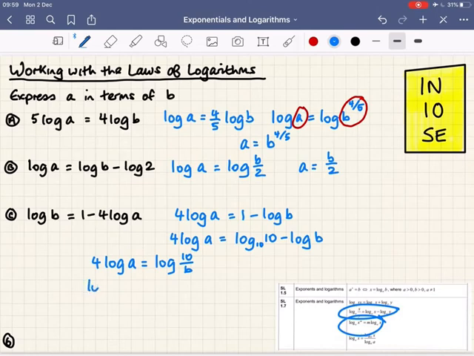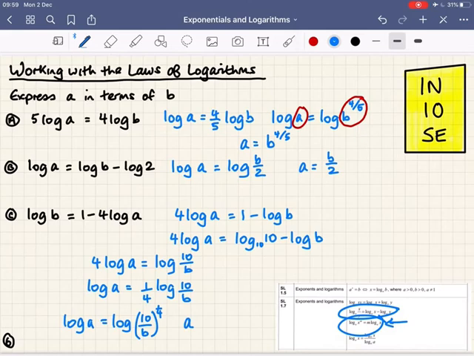So log a equals a quarter log of 10 over b. And then I can use my power rule here and say that log of a equals log of the whole thing here, 10 over b, all to the power of a quarter. So a must be equal to 10 over b to the power of a quarter.